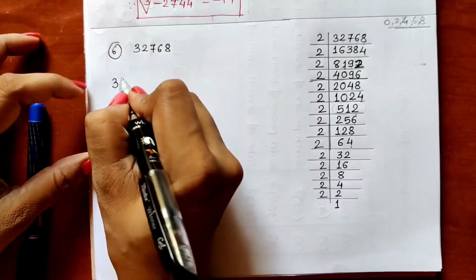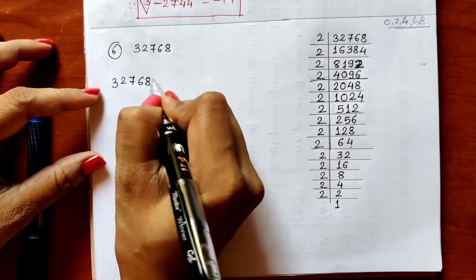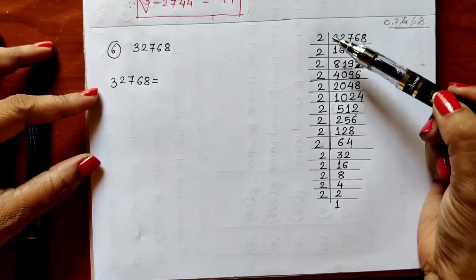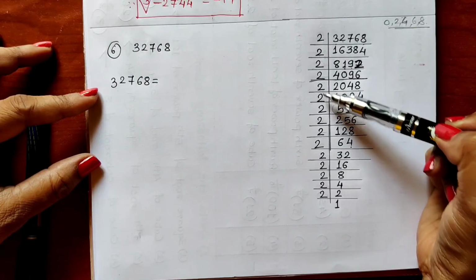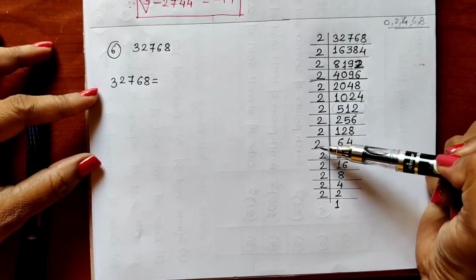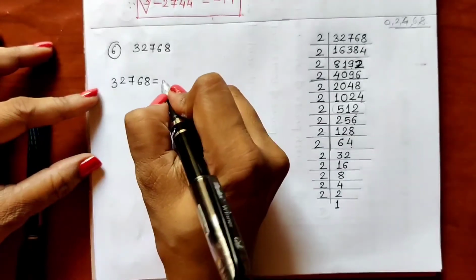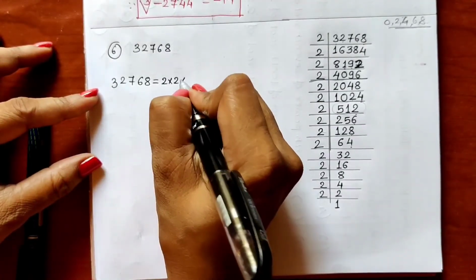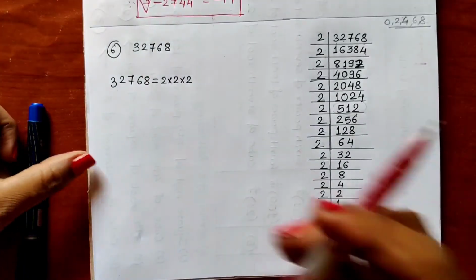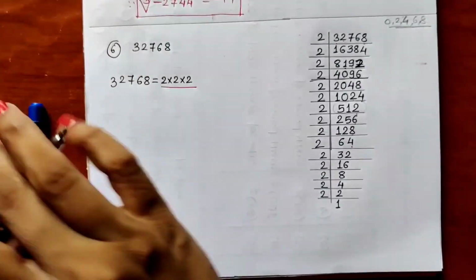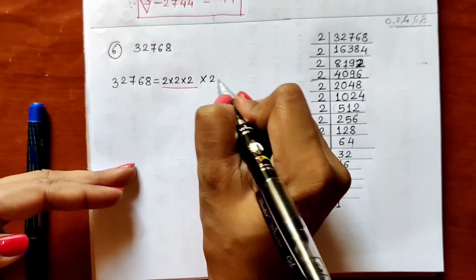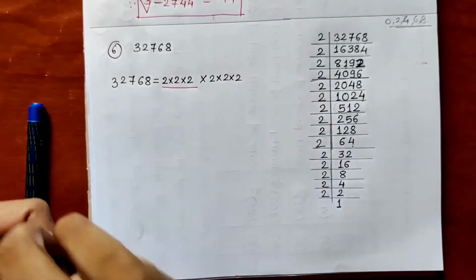So 32,768 is multiplied by how many times 2? Let us count. 1 2 3 4 5 6 7 8 9 10 11 12 13 14 15. 15 times. 2 into 2 into 2, this is one group. Then 2 into 2 into 2, this is second group.